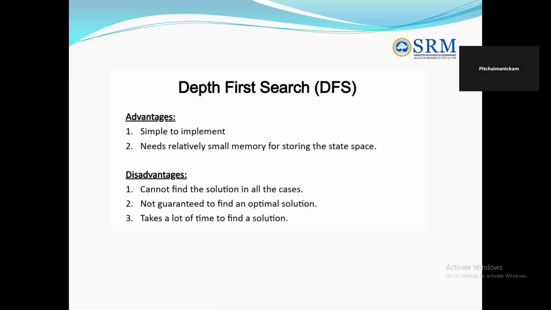We need to find a solution, whether it is optimal or not, and this method does not provide any guarantee for finding the optimal solution. Another thing is that it takes a lot of time to find the solution. So these are some advantages and some disadvantages of the depth first search.